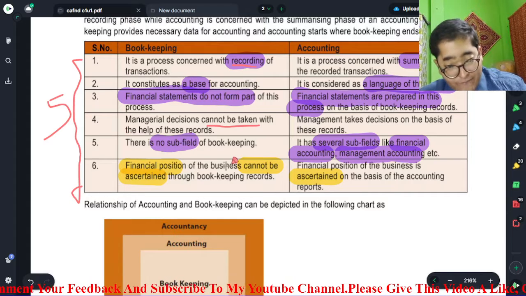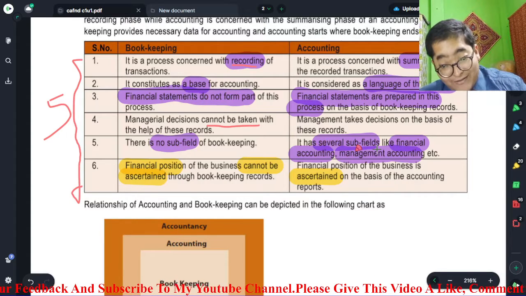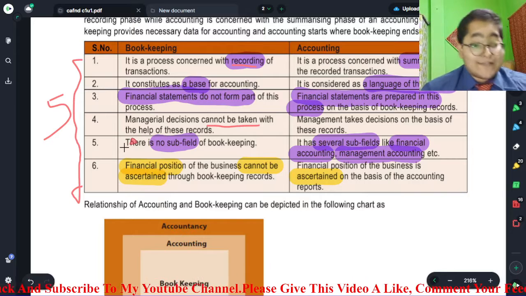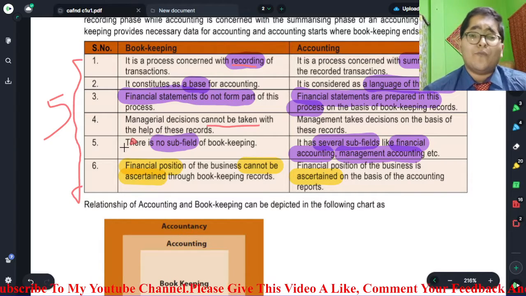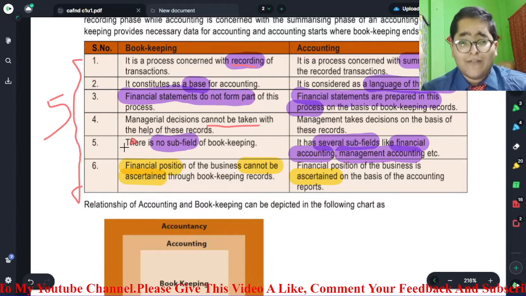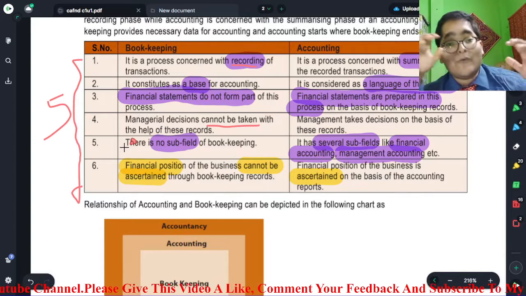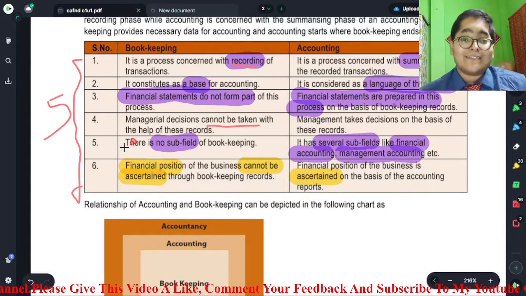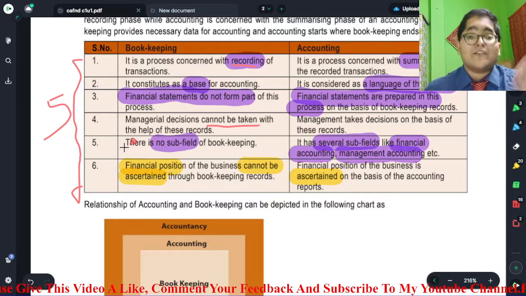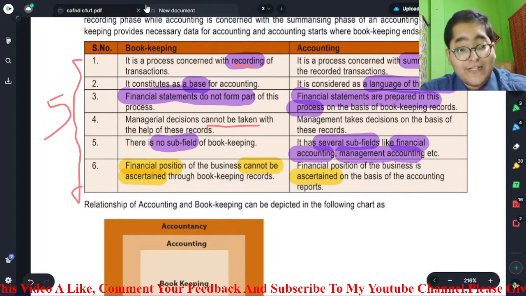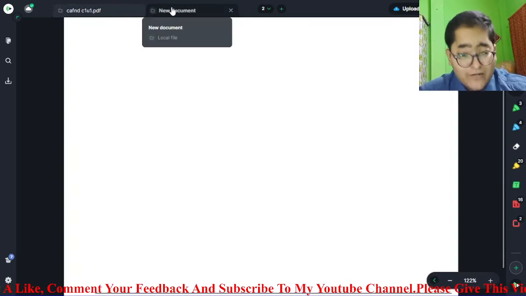Bookkeeping has no subfield, but accounting has several subfields. Bookkeeping is bookkeeping itself; it has no subfields. But accounting has various subfields. There can be many types of accounting. So here are examples of the subfields of accounting.